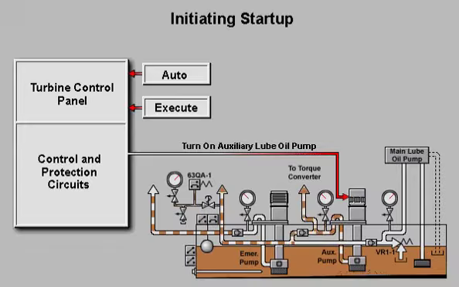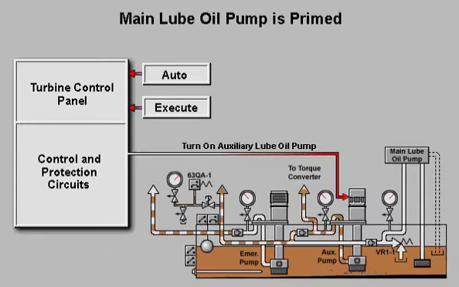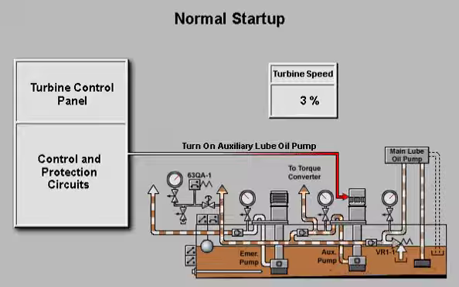The orifice check valve between the auxiliary pump discharge and the main pump discharge provides lube oil flow from the auxiliary lube oil pump to the main lube oil pump in order to lubricate and prime the main pump at startup. While the turbine is starting, the shaft-driven main lube oil pump is at a speed insufficient to develop operating pressure.